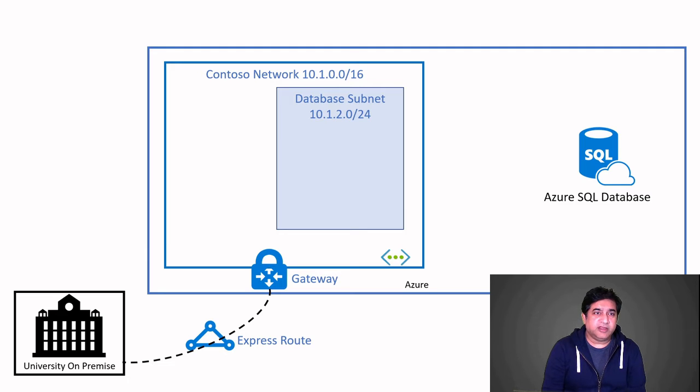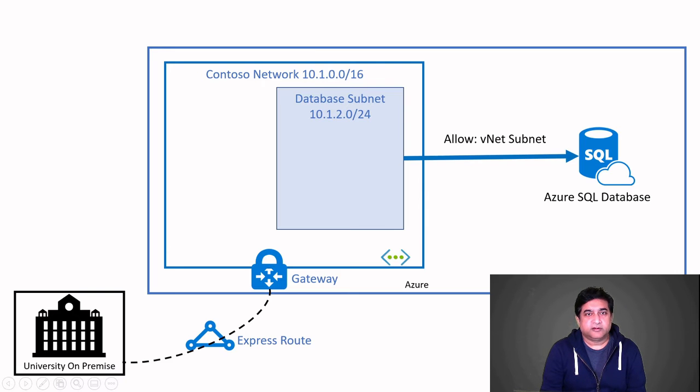The next option is to use VNet Service Endpoint. Service Endpoint with Azure SQL Database allows us to isolate the connectivity from a subnet or set of subnets to an Azure service, in this case Azure SQL. The traffic from the subnet to Azure SQL Database will always stay within the Azure backbone network.